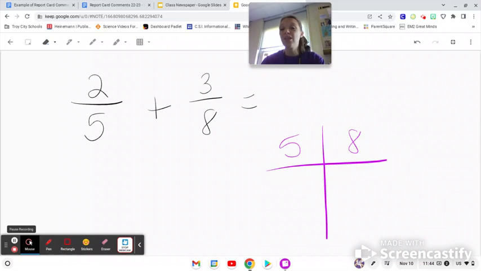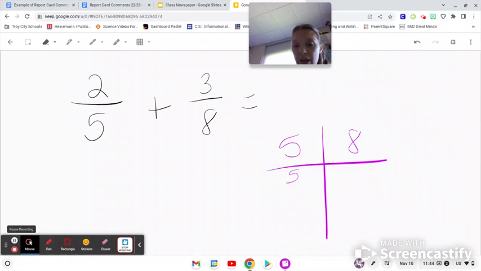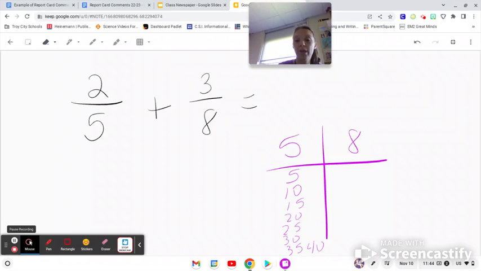I'm going to list out or just think about the multiples of each of those numbers. So we got 5, 10, 15, 20, 25, 30, 35, 40. Sorry, I ran out of room. Or we got our 8ths. We have 8, 16, 24, 32, 40.